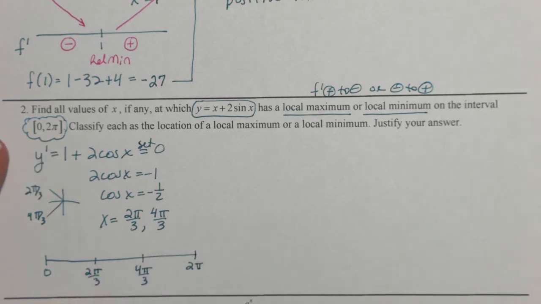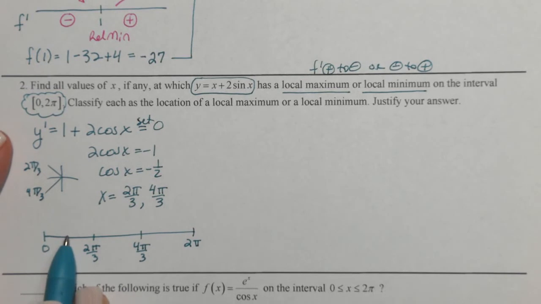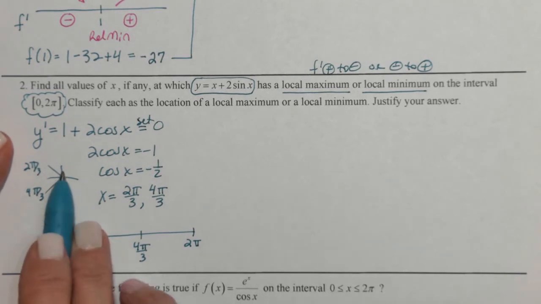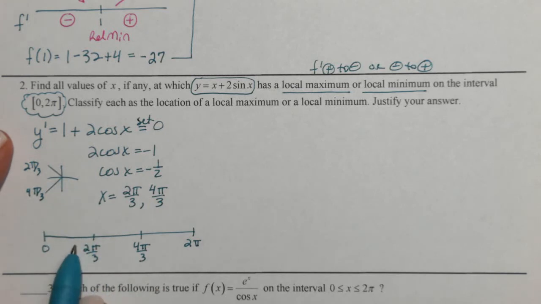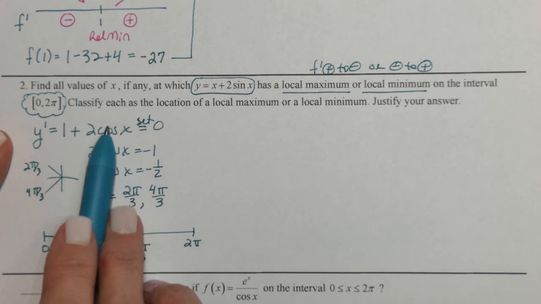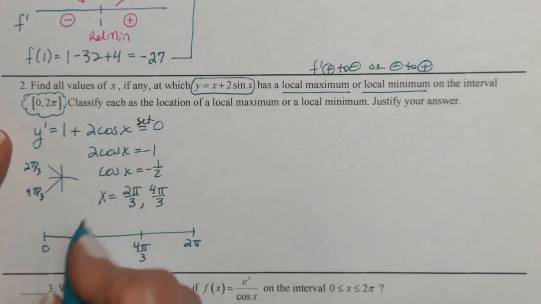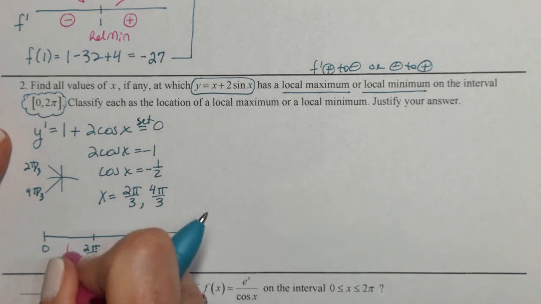I think I'm going to pick pi over 2, because pi over 2 is between 0 and 2 pi. I know it is. It's right there. If I put pi over 2 in for x, cosine of pi over 2 is 0, so I have 1 plus 0. That's positive. So right here we're positive.